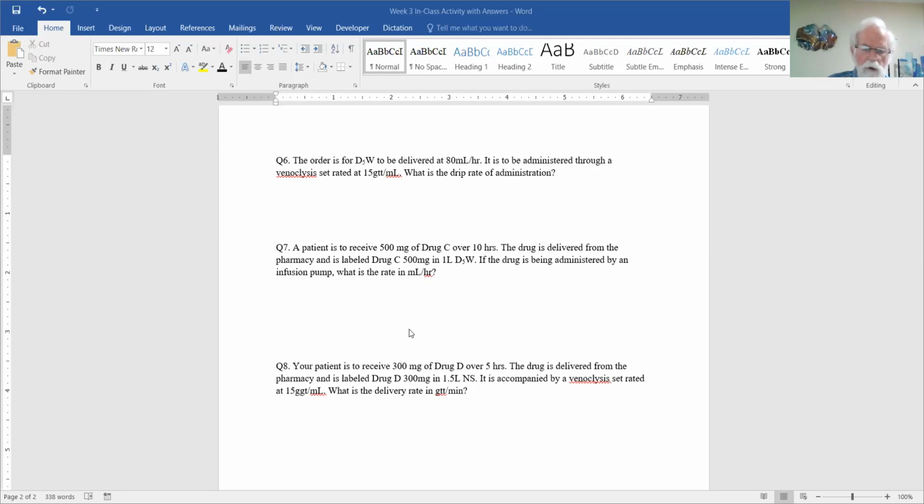So, go back and look at the logic. One of the first questions you need to ask is, if the patient is supposed to receive this amount of material, is that what's in the bag, or is there a different amount?